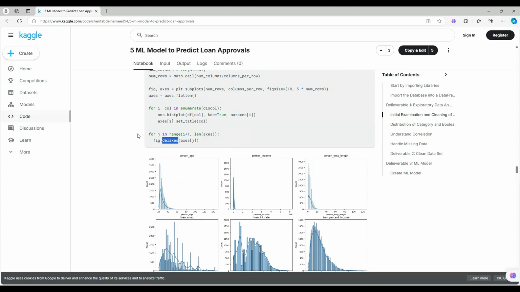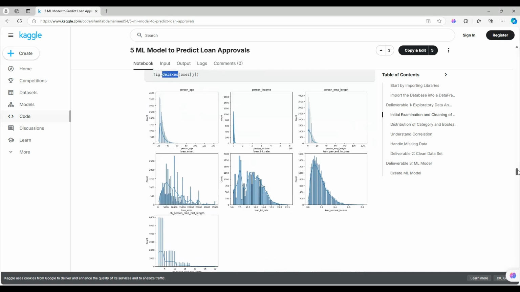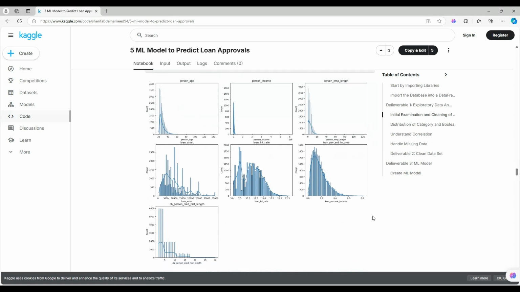Okay, so then let's take a look at the distribution that we have. We don't even see any that is nearly normally distributed. The loan percent income, an argument could be made for it being sort of normally distributed, even though it's skewed to the left quite a bit.